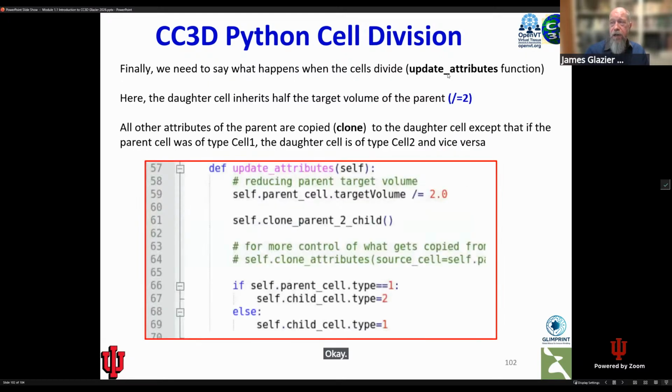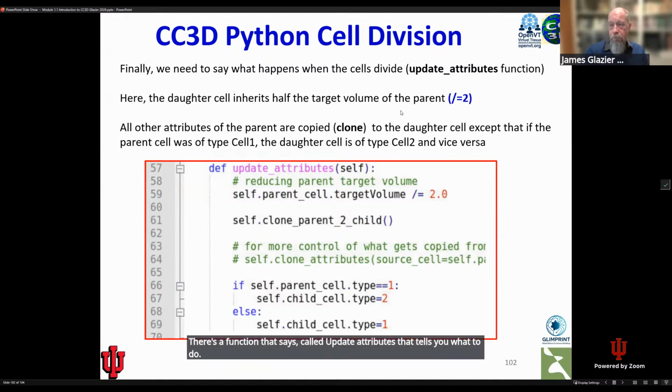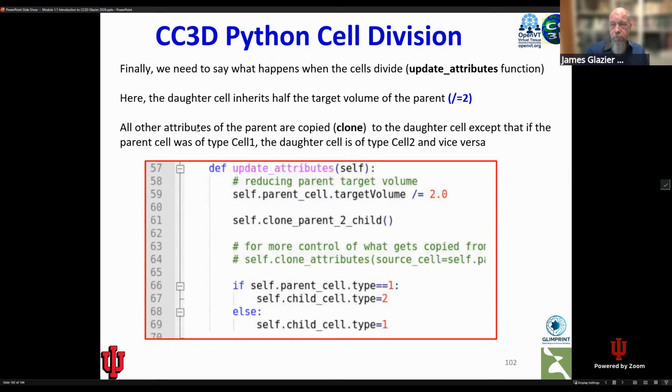When cells divide, there's a function called update attributes that tells you what to do. Typically, all of the parent cell attributes are copied to the child using the clone parent to child, but we typically want to assign half of the volume to the parent and half to the child.